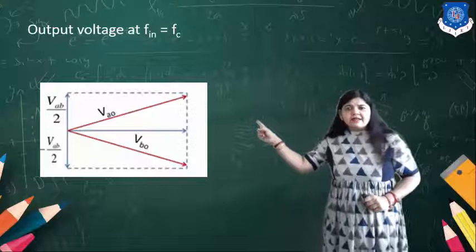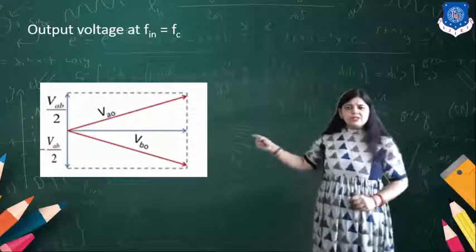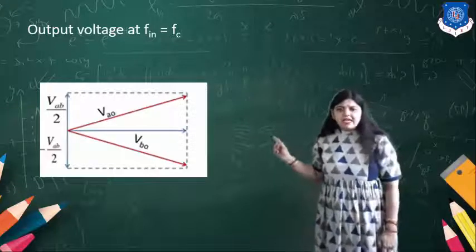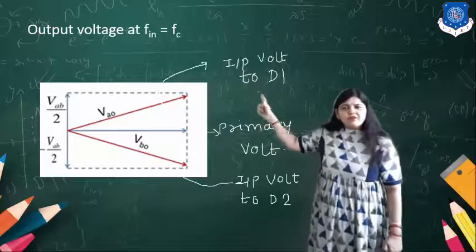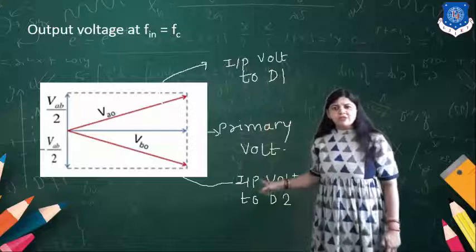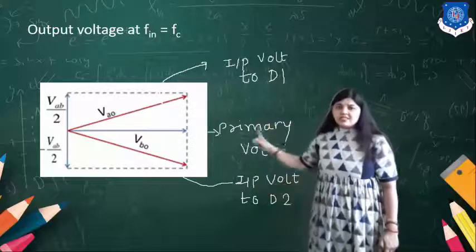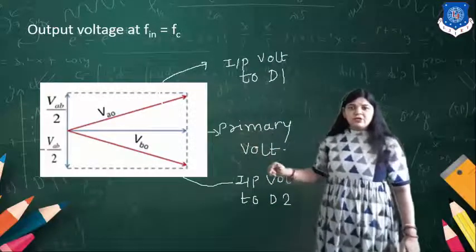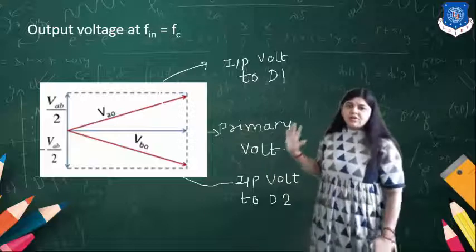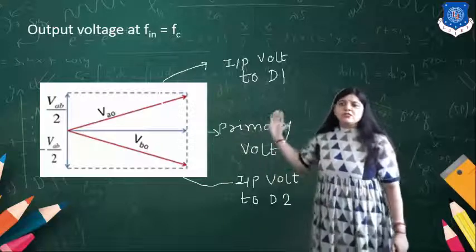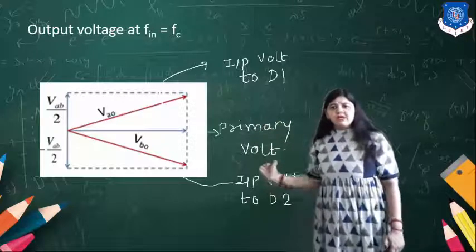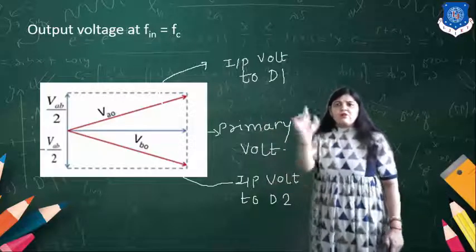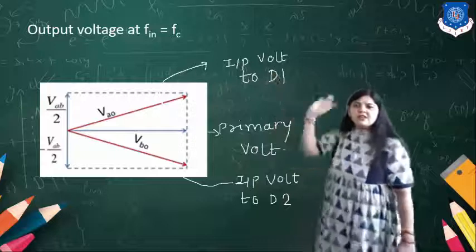You can see that the blue line shows the primary voltage. This is the input voltage to D1, and this is the input voltage to D2. The voltage is equally halved between the two, so VAB by 2, VAB by 2. This way we have VAO and VBO.